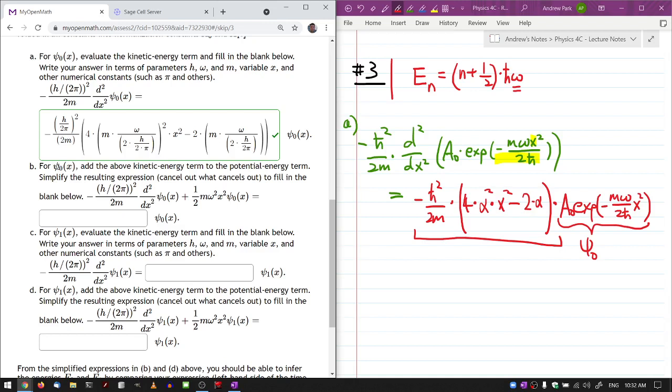For psi naught, add the above kinetic energy term to the potential energy term. Simplify the resulting expression. Cancel out what cancels out to fill the blank below.